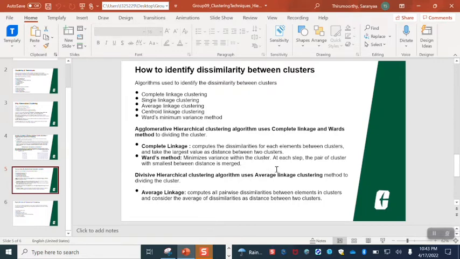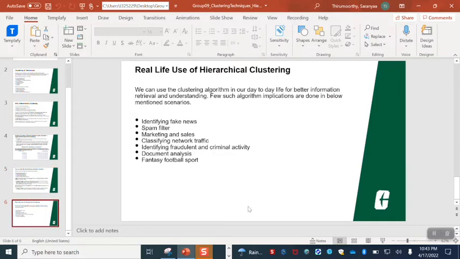Using these techniques, we can identify the left out clusters apart from the similar clusters, and proceed accordingly from there. So these are the different techniques and computations used while implementing hierarchical clustering. Now let's see the real life applications of hierarchical clustering models.